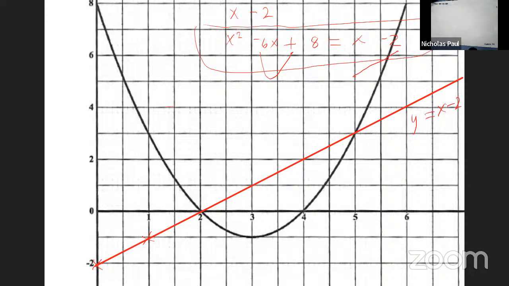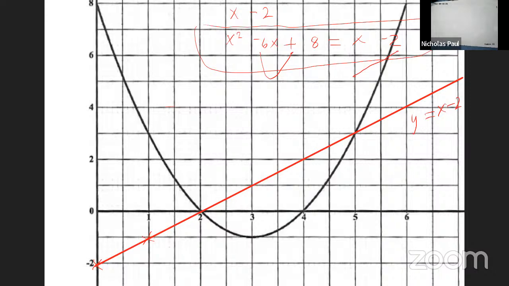So look at the line. The line is x minus 2, and the black curve is the quadratic x squared minus 6x plus 8. So where do they meet? Read off the points where they meet. (2, 0) and (5, 3).